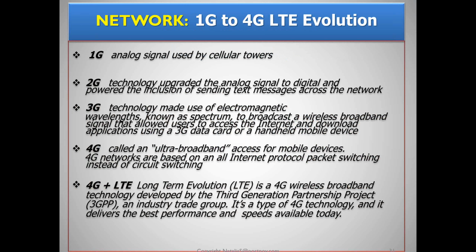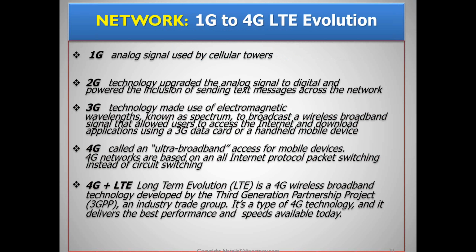4G, called ultra broadband access for mobile devices, is also a breakthrough. It started using internet protocol packet switching instead of circuit switching, all right? And 4G LTE is basically 10 times faster than 3G technology.